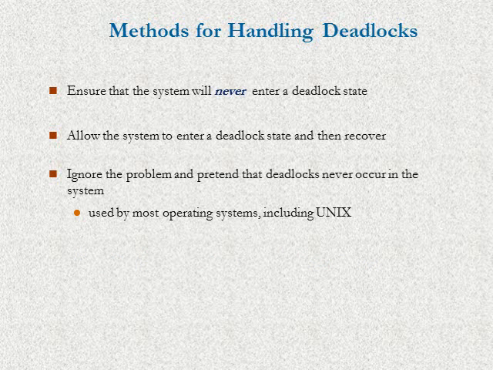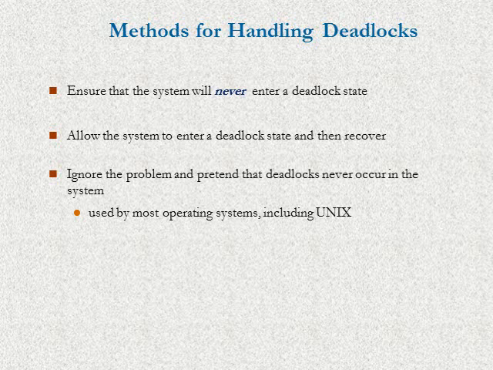The first one is we may ensure that the system will never enter into a deadlock state. The second, that we let the system enter into a deadlock and then we recover from it. And the third method, that we ignore the problem of deadlock altogether and pretend that deadlock may never happen in a system.